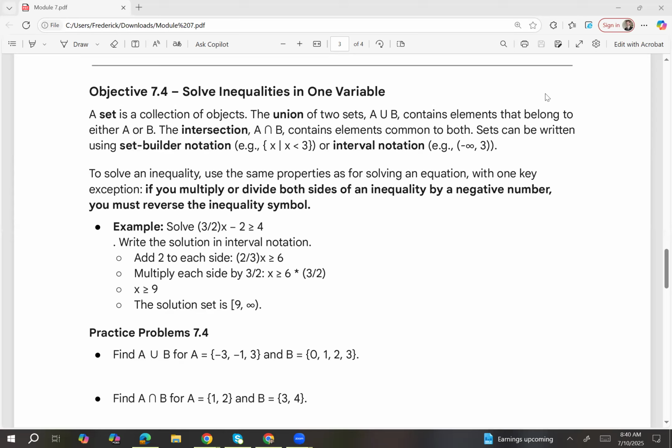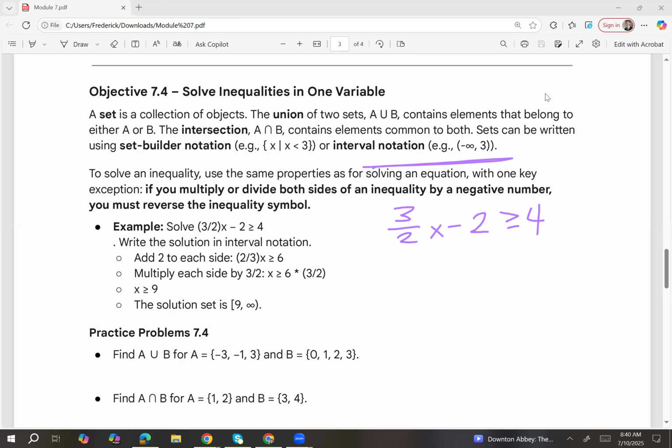Let's first talk through the example where we're to solve 3/2 x minus 2 greater than or equal to 4, writing the solution in interval notation. First off, we're just going to write this down in similar to equation form and then use the same sorts of strategies we would for solving an equation.